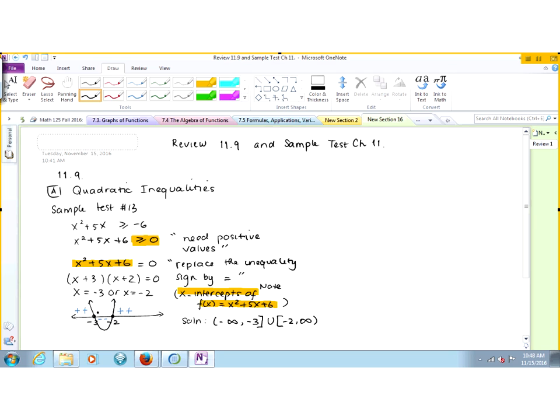The graph is shaped as a parabola. But for example, if I have something like this, x plus 1, 2x minus 3, 5x plus 2 is less than 0. So this is called polynomial inequality, and this is not quadratic.